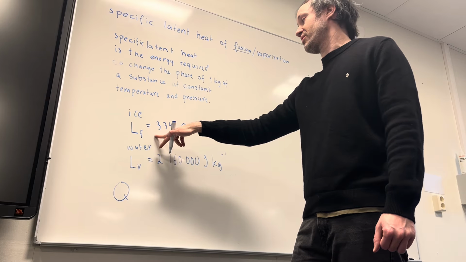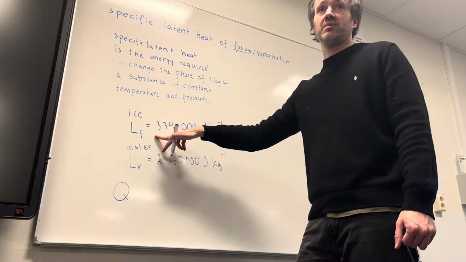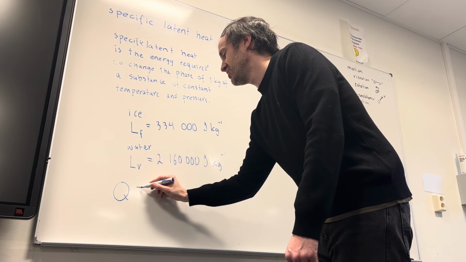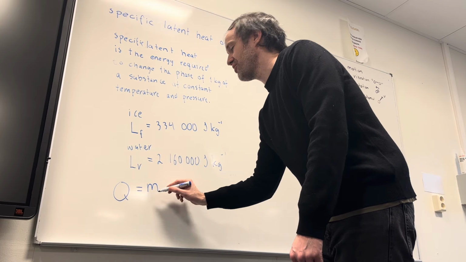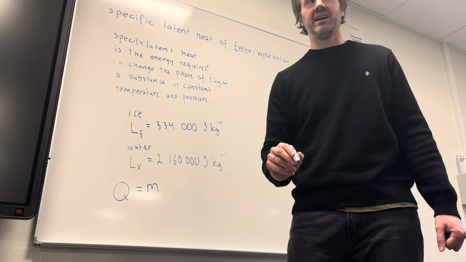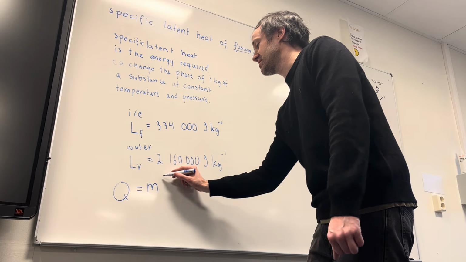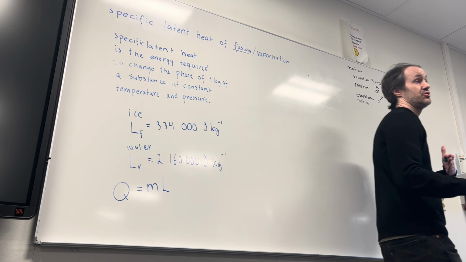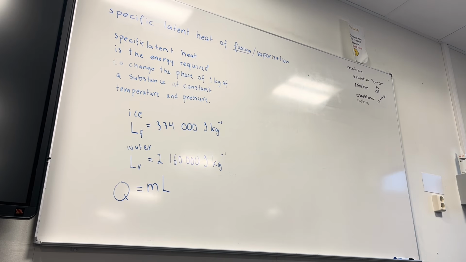If this is the amount of energy required to melt 1 kilogram, what do you do? Five. Yeah, you take the mass of the substance times the latent heat to find how much energy is required to melt 3 kilograms or 5 kilograms of that substance.